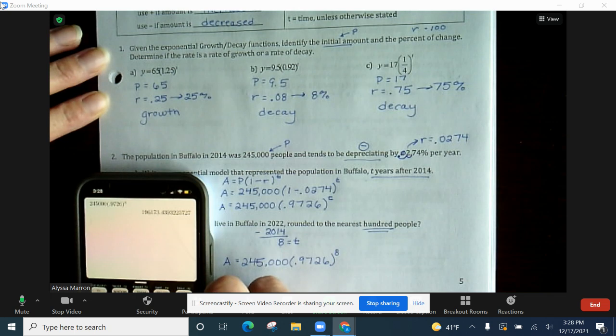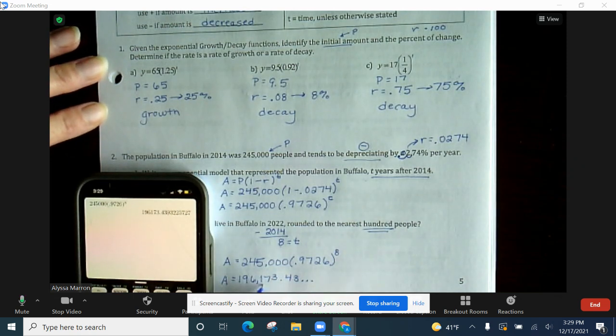Now I'm going to write out a good portion of that decimal and then round in the next step. So we have 196,173.43, and so on. I didn't even have to go that far in my decimal because I'm rounding to the nearest 100 people.